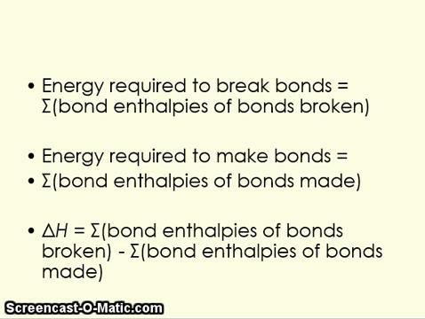So if you look at this calculation, that's quite obvious, because if delta H is the sum of the bond enthalpies of the bonds broken minus the sum of the bond enthalpies of the bonds made, then if the bond enthalpies of the bonds made is bigger than the bond enthalpies of the bonds broken, you're going to have a negative value. Likewise, if it's endothermic, you're going to have a positive value for delta H, which means the bond enthalpies of the bonds you're breaking is going to be more than the bonds that you're making.